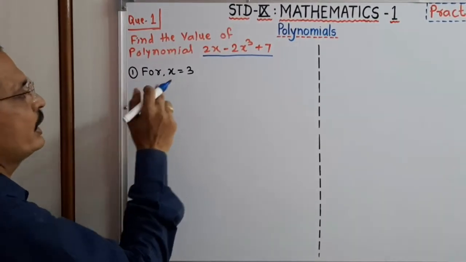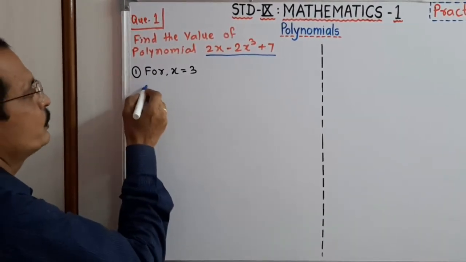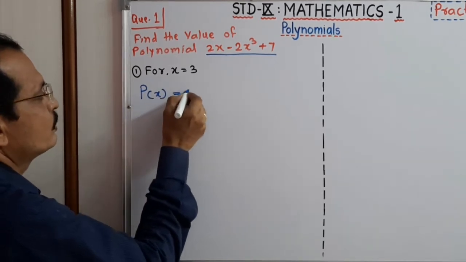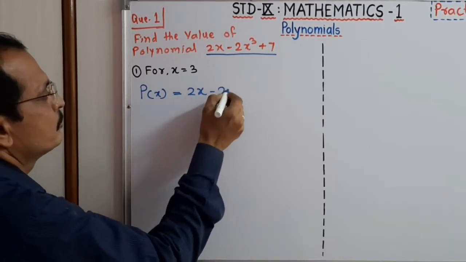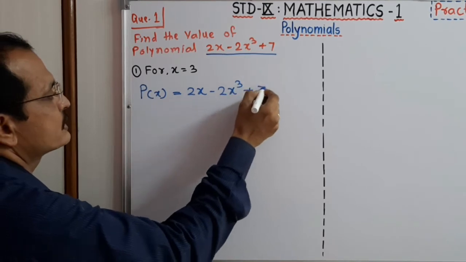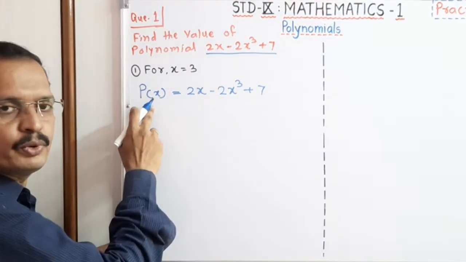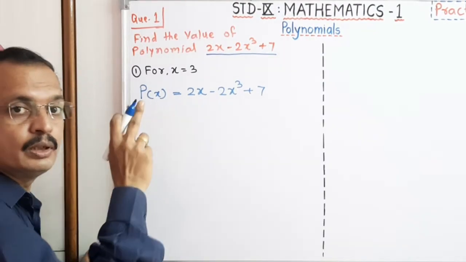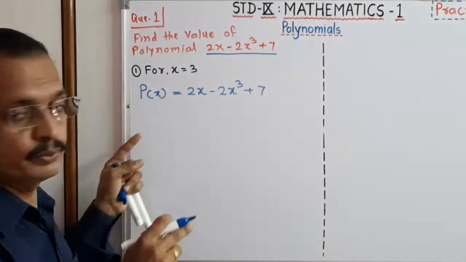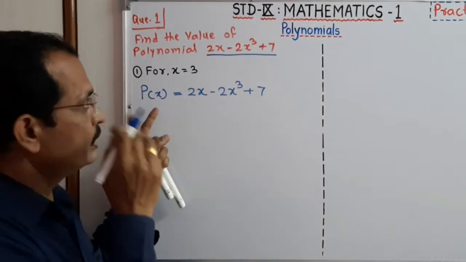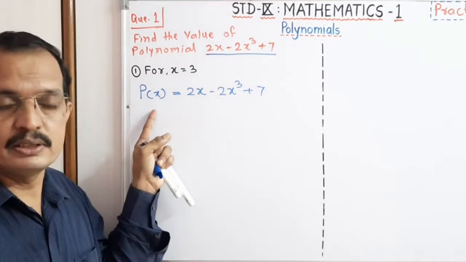Therefore, first for x is equal to 3, what we have to do? We have to write p(x) is equal to 2x minus 2x cube plus 7. All of you know what this p(x) is. If you have any doubt, then go to the basic video. In that video we studied what this p(x) is.